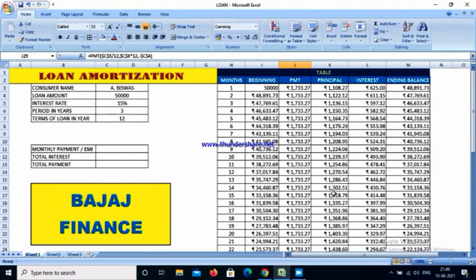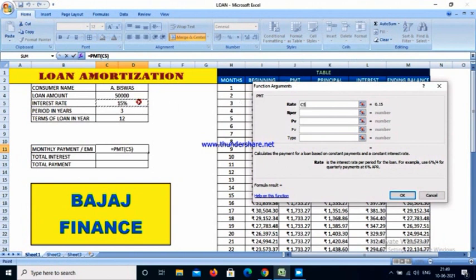Now here, students, you have to find out the EMI amount. The same way you can find out the EMI amount or monthly payment, how much you need to pay. You already know this formula. Here you can just put equal to PMT, Ctrl+A, rate 15%, divided by 12.